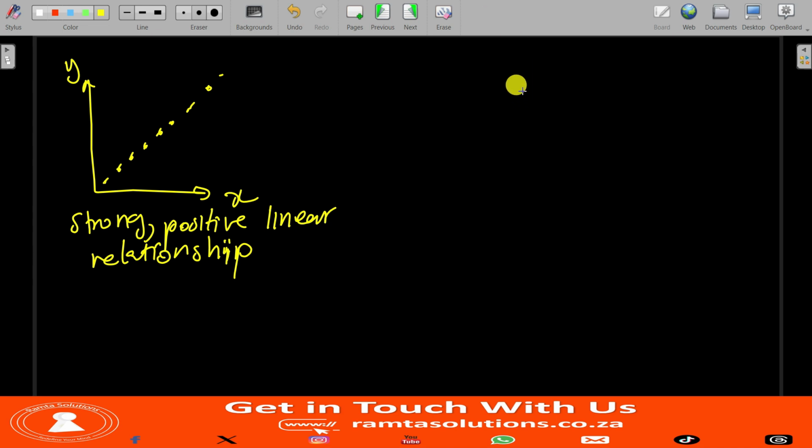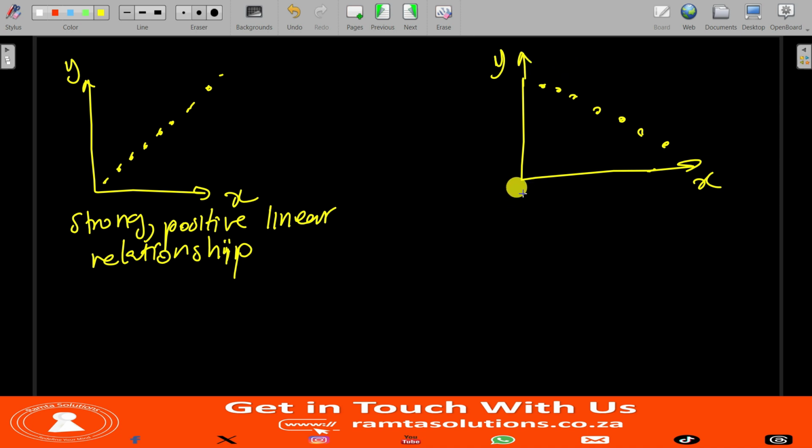What if it was like this? I do see that we don't have a deviation here. So first things first, since we don't have a deviation, it seems like it's strongly exhibiting a linear graph.